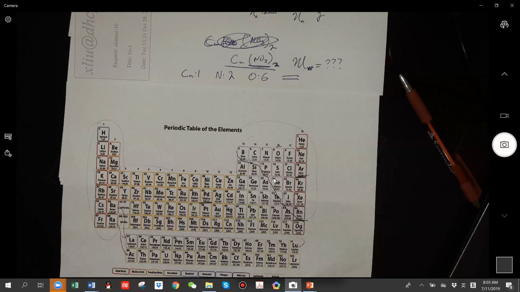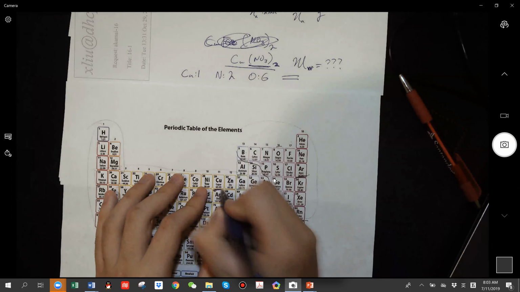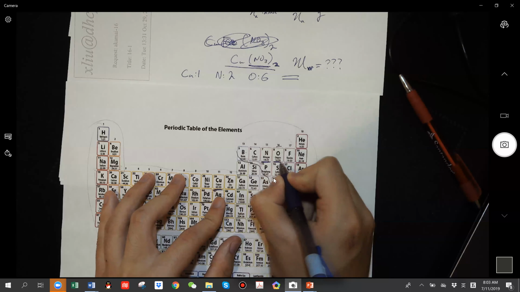We need to sum this, and then this times 2, and then this times 6.